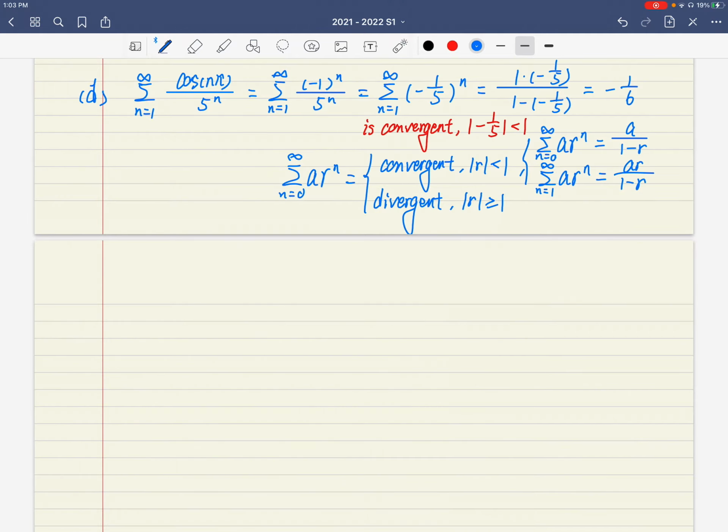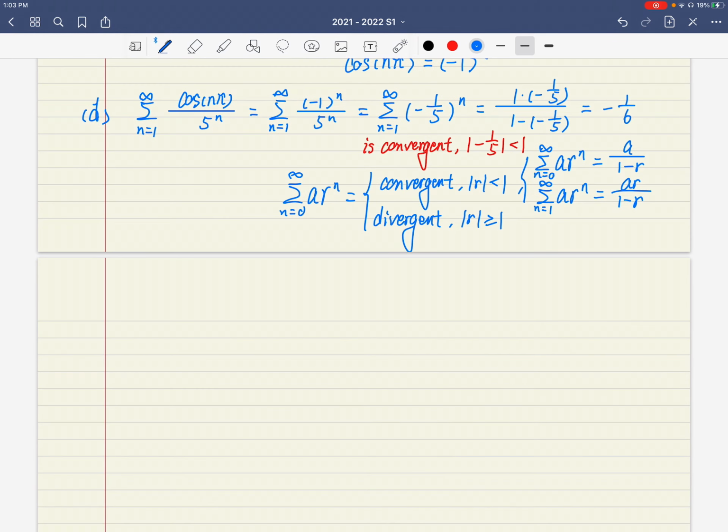Okay, so similarly, we can do problems F and G first. F is 2 to the power of n plus 3 to the power of n, over 5 to the power of n. First we can split it into two different geometric series.